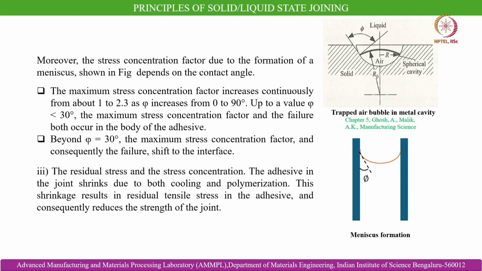Hence it is recommended that we do not superheat the adhesive material much, because with much superheat the chances of shrinkage and residual stress generation within the adhesive applied between the adjoining metal plates increase, and that causes higher chances of micro crack formation within the joint, which in turn will significantly reduce the strength of the adhesive bond developed between the adjacent plates.